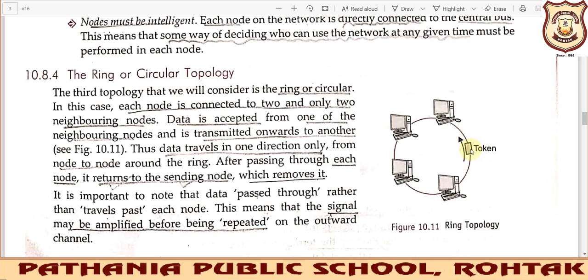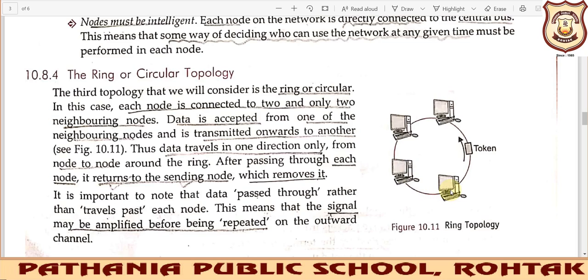If the destination address doesn't match, then it will let this token go further. Whose destination matches, it will take the data from this token and consume it, and once it is done, the token is allowed to proceed.